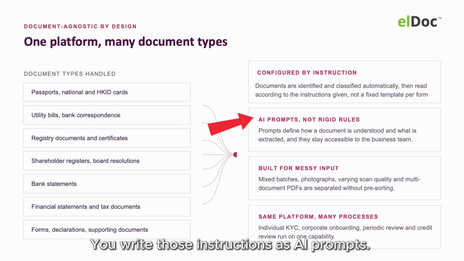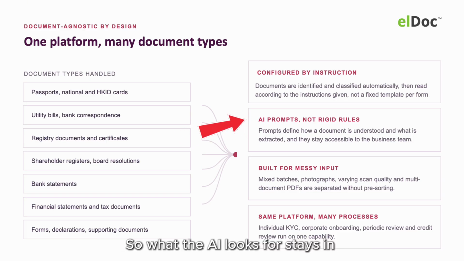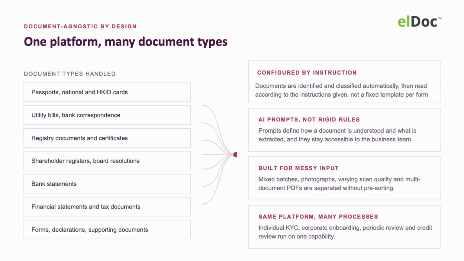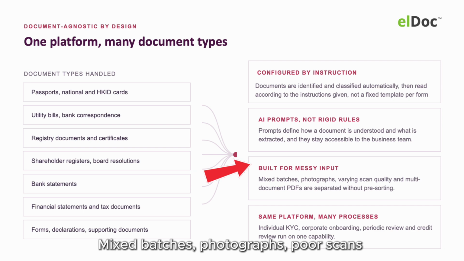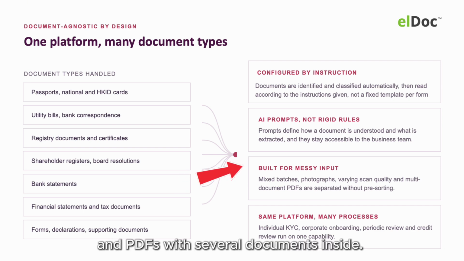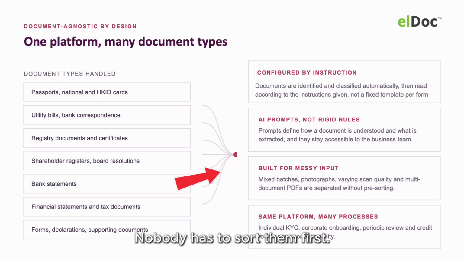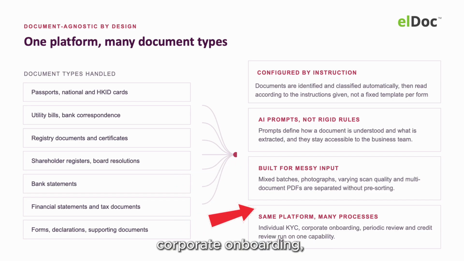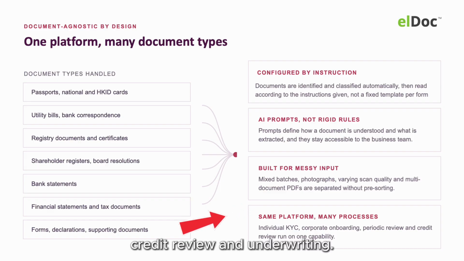You write those instructions as AI prompts, so what the AI looks for stays in the hands of your business team. It also handles massive input: mass batches, photographs, scans, and PDFs with several documents inside. Nobody has to sort them first. And it is the same platform for individual KYC, corporate onboarding, periodic review, credit review, and underwriting.